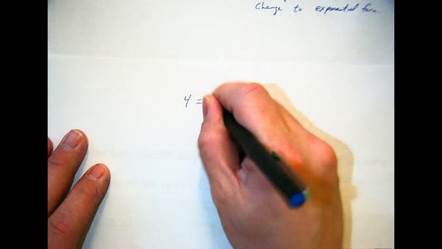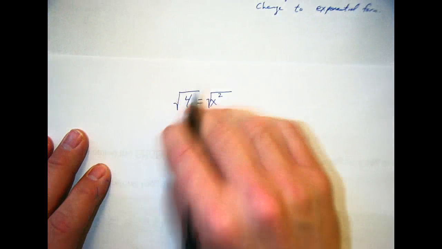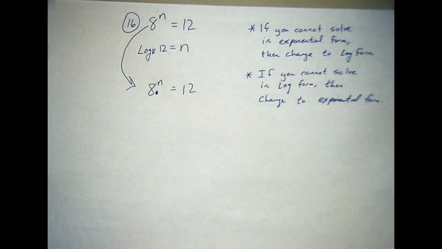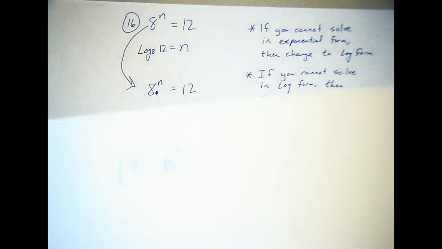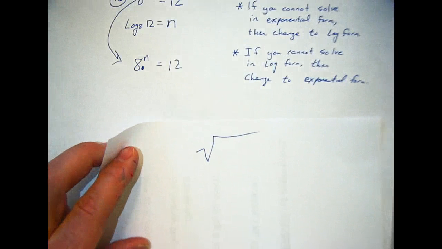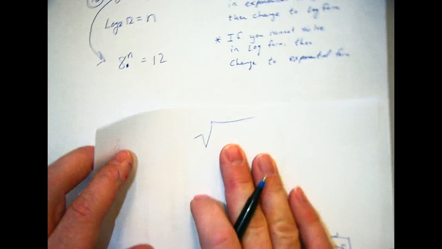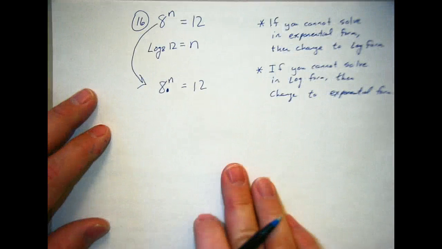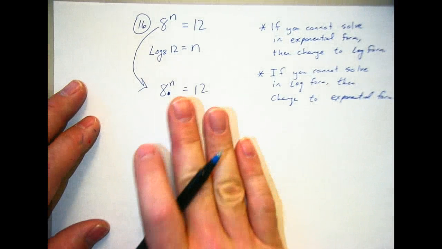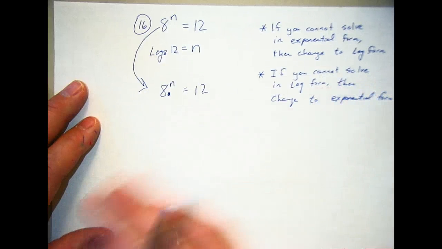You impose a square root, right? Everyone agree? A square root on its own, if I just say, hey, what's the answer to that? You'd go, it's pretty radical, but I can't figure it out. Just like that, you can impose a log to both sides just like you do a radical.